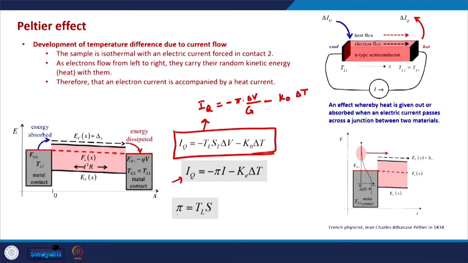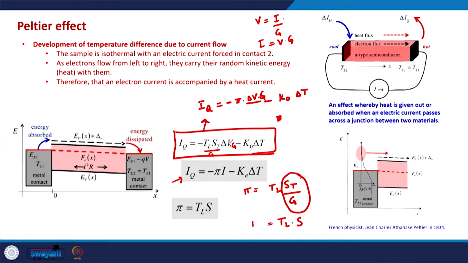And this pi is now, so V is equal to I times R, I by G, so I is V times G. So please correct this, it should be delta V times G. So, we need to divide by G, multiply by G, and in that case this pi essentially is TL times ST divided by G, and ST by G is the Seebeck coefficient.